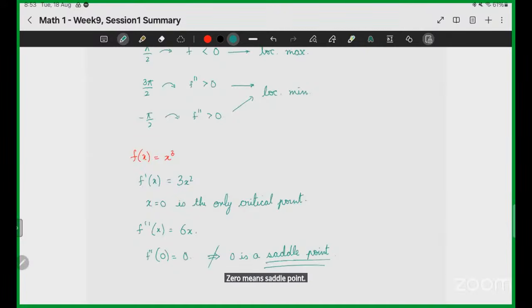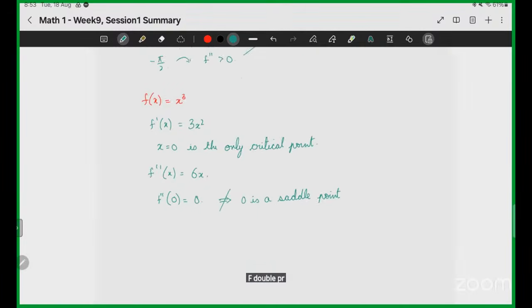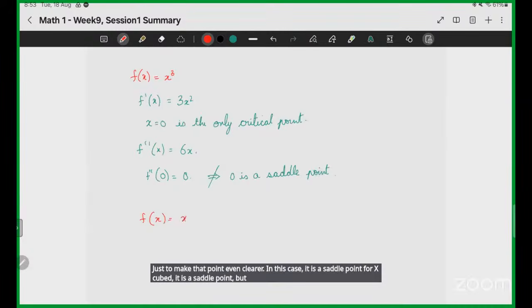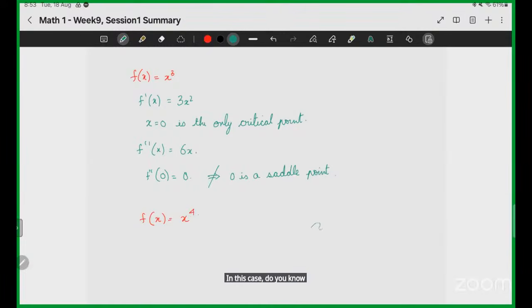It's not a saddle point just because f double prime is 0. Just to make that point even clearer: for x cube, it is a saddle point. But consider x to the power 4. Do you know what the graph of this looks like?